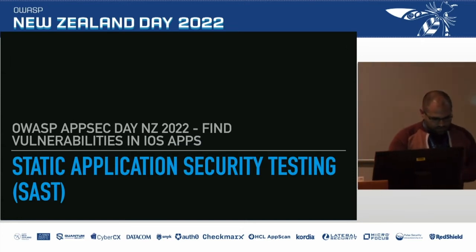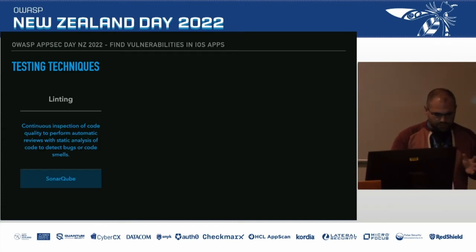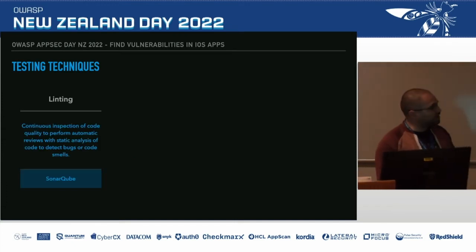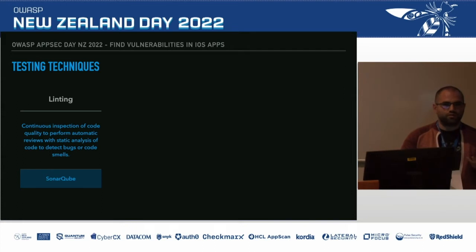Okay, then let's come to static application security testing. Just to group a few things properly, and the terminology. There's always linting. Linting is to check the quality of your code in terms of code smells, and SonarQube is the usual tool of choice for this.